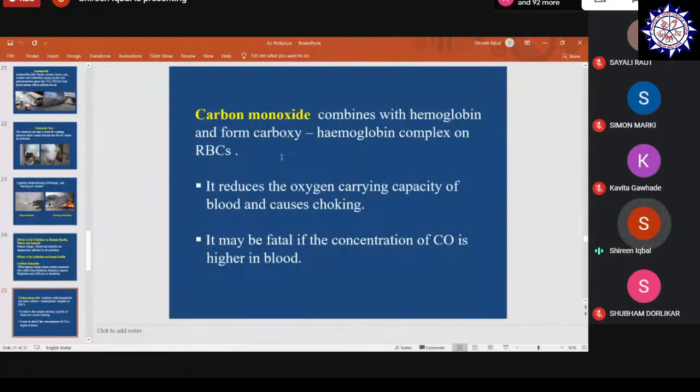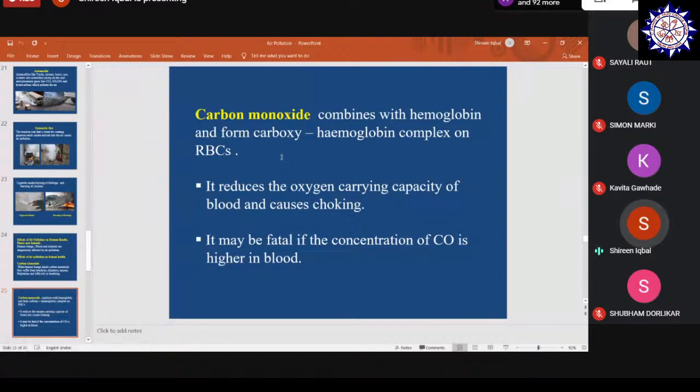This carbon monoxide, when it enters inside our body and when it combines with hemoglobin, it forms carboxyhemoglobin complex on the RBCs. अब जब ये हेमोग्लोबिन के साथ जब मिक्स हो जाता है कार्बन मोनोऑक्साइड, तो ये क्या फॉर्म करता है RBCs के ऊपर?